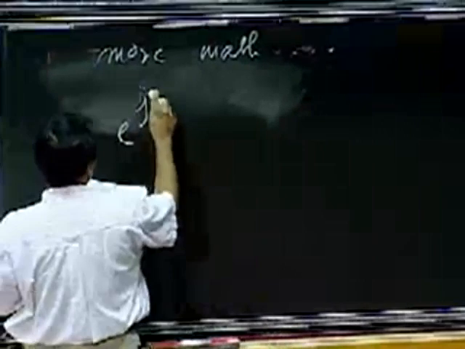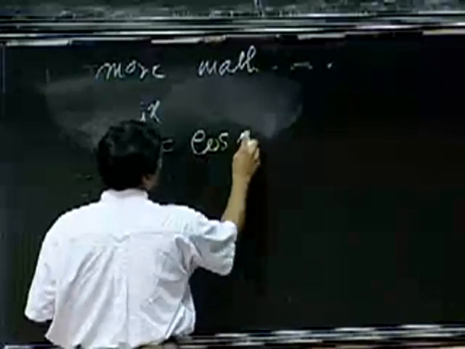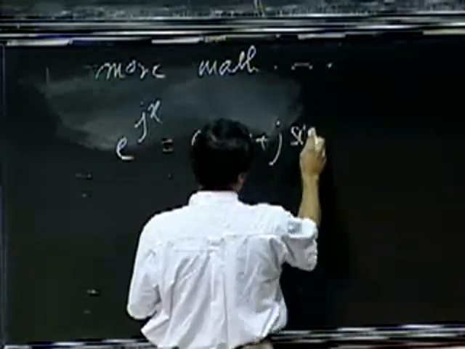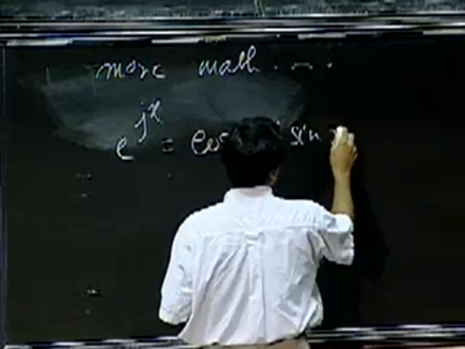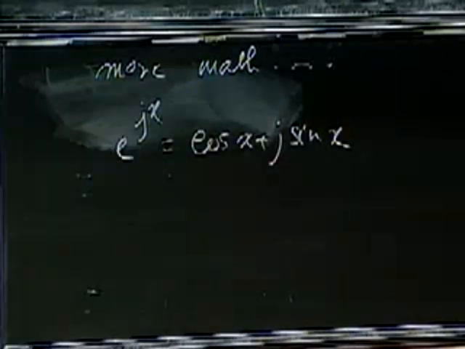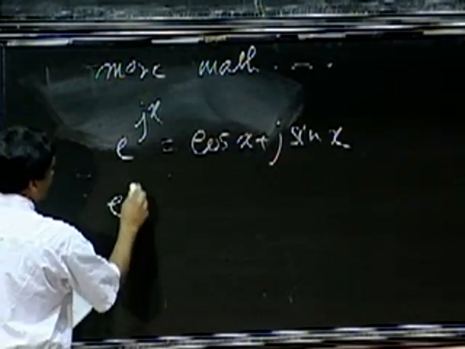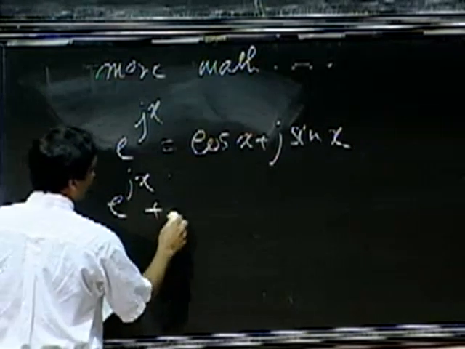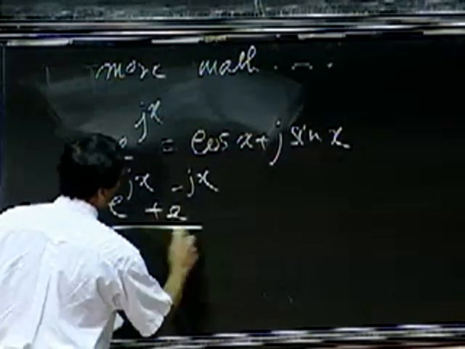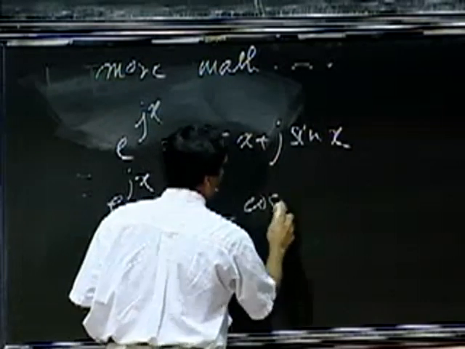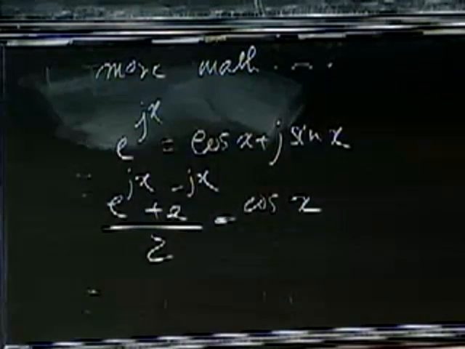e to the jx is cosine of x plus j sine of x. And by the same token, e to the jx plus e to the minus jx divided by 2 is simply cosine of x. You all should know this from the Euler relation.